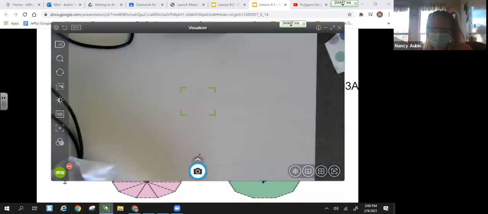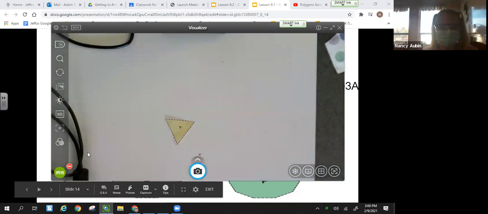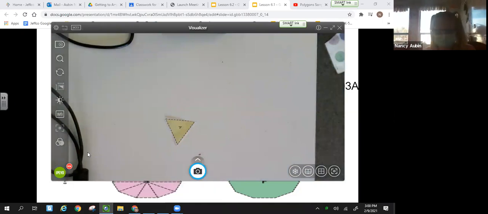I'm going to put them under the document camera and give you just an idea of what I mean. You should have 6 of these triangles. Well, if you have to use them all.